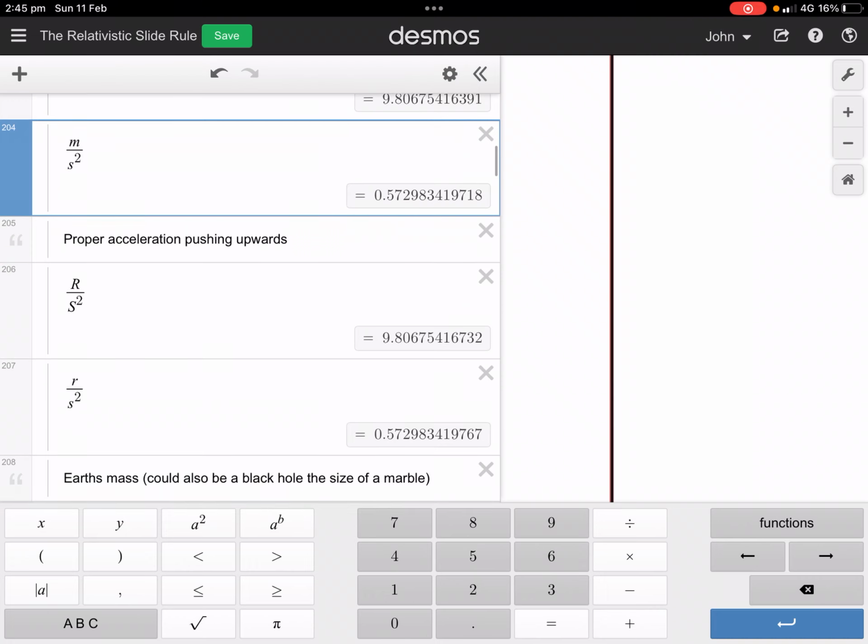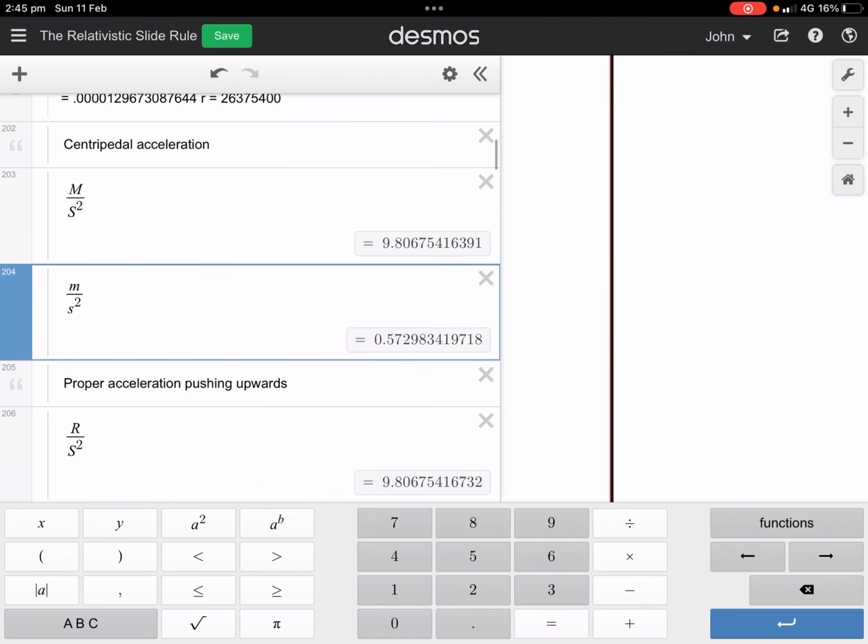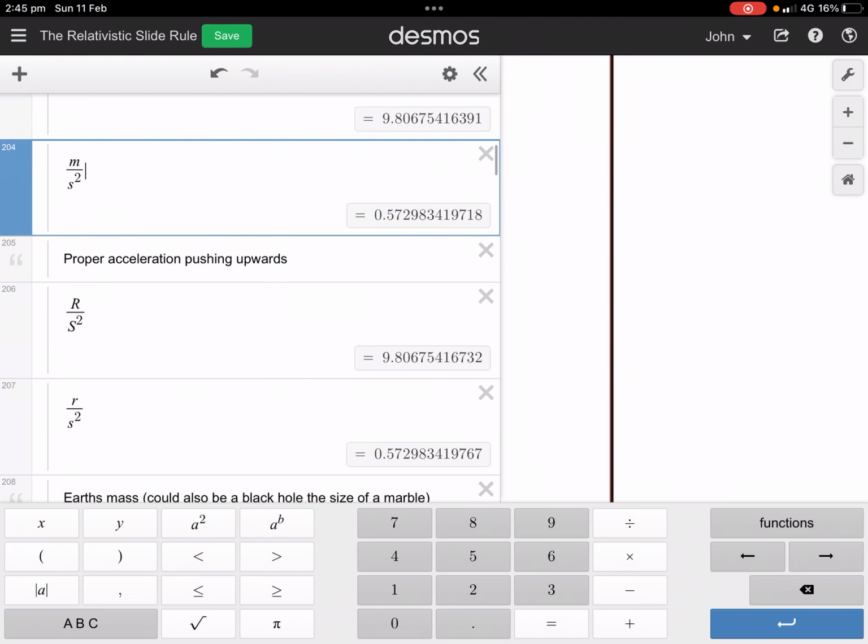So the equivalence principle applies to a uniform field, but of course you don't get uniform fields because everything is heading down into a gravitational well, which is actually a point. So everything's slightly heading in, and so there's a slight difference, and that's why general relativity was invented, to take account of this slight difference between centripetal acceleration and proper acceleration.